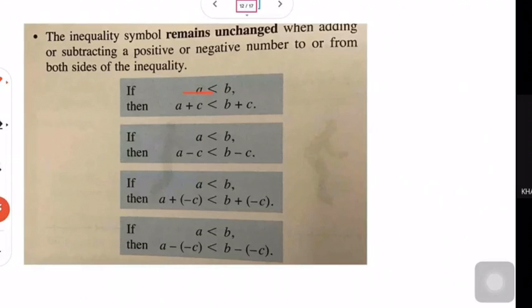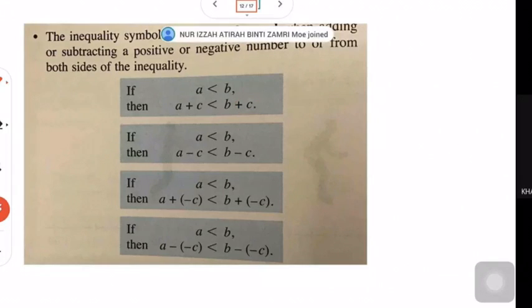If A is less than B, everybody focus on this one. If A is less than B, and then kalau kita tambahkan, if you add something to A, B also you must add. You must add something to B also.